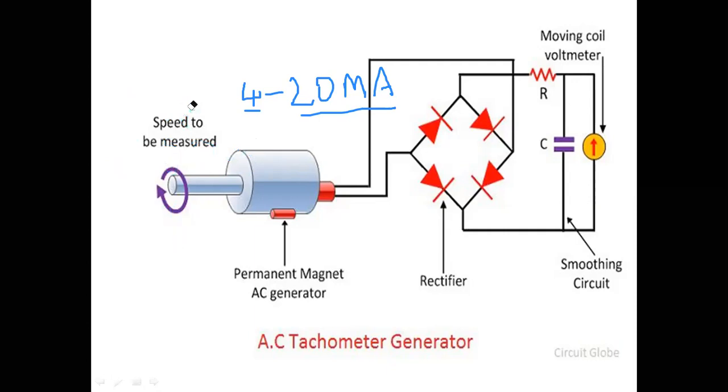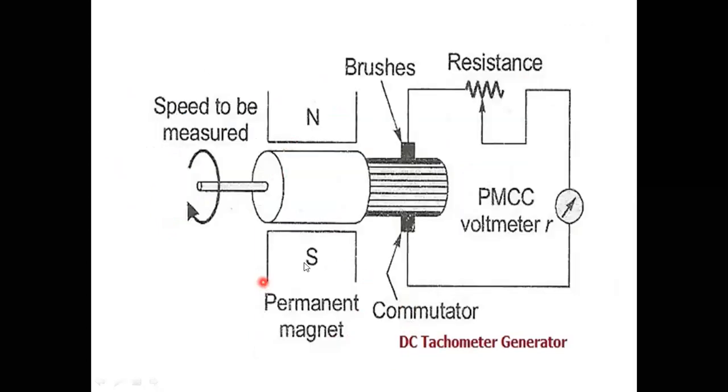Next, we are moving on to the DC tachometer. Here I am placing the rotor in a magnetic field such that as the rotor rotates, the magnetic flux lines cut the conductor, and then I will get output.